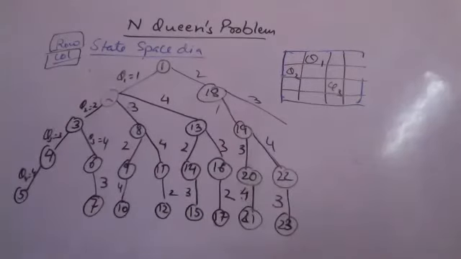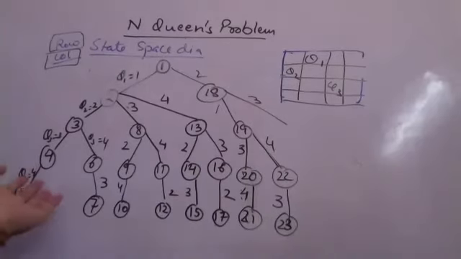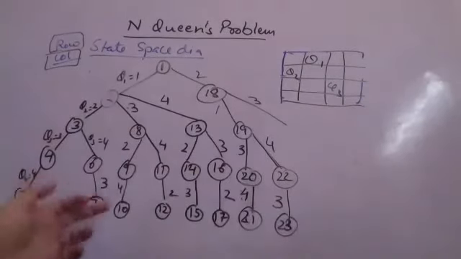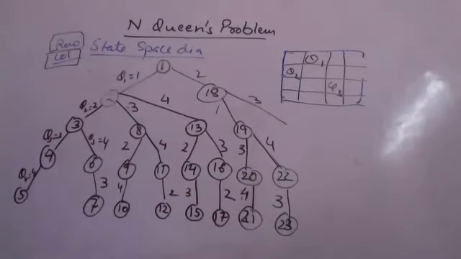Now we have to find whether from this we are able to get the feasible solutions or not. So we have to make sure they are not also on the diagonally problematic areas. This strategy which we are following is known as backtracking.